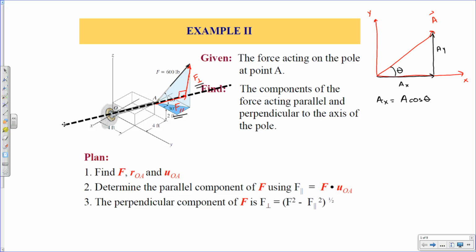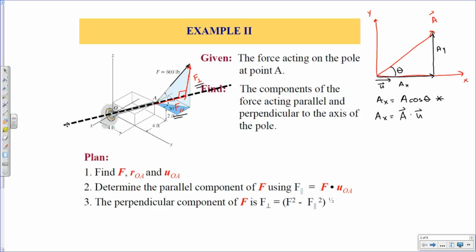Well, what we also find out is that A sub x, another way to write this, is you take the vector A and you dot it with a unit vector which describes the direction of the line you want to project your vector onto. So if I were to come up with a unit vector that's pointing in the x direction, then I would just simply need to take the dot product with my vector A and the unit vector, and I will come up with the same answer as I had up here.